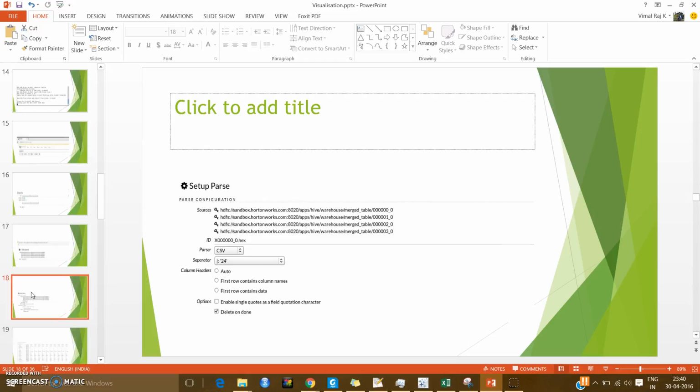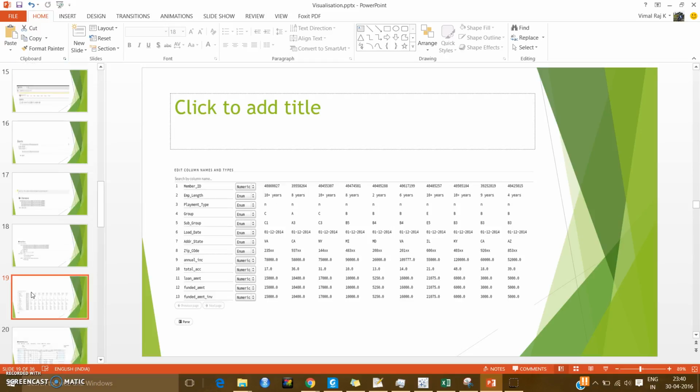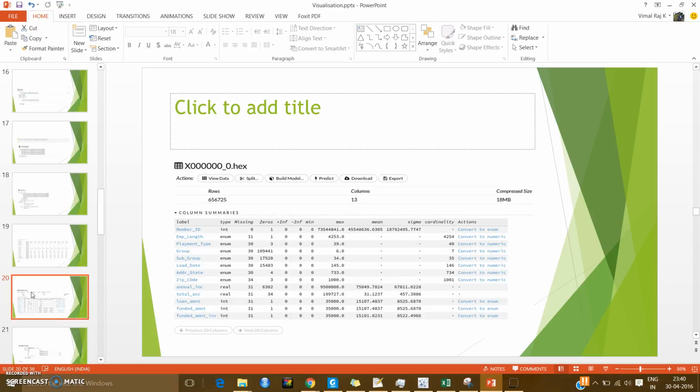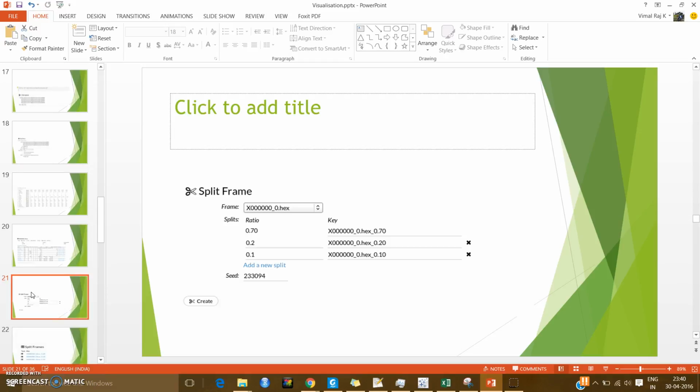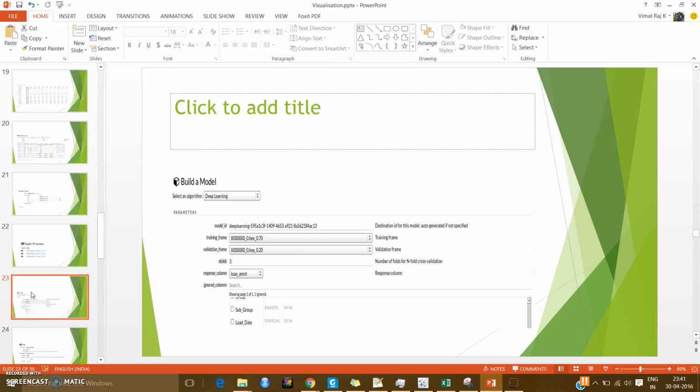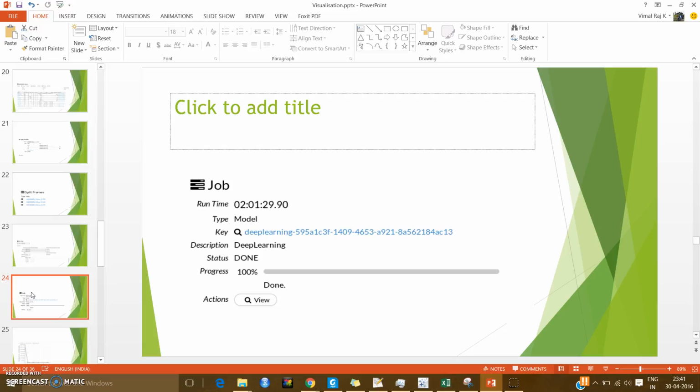Then those merge tables are parsed in order to understand the data, and you can see the parsed data, how it is understood based on the data types. We split the data into train, test and validate, and the model is applied on it in order to predict the data.